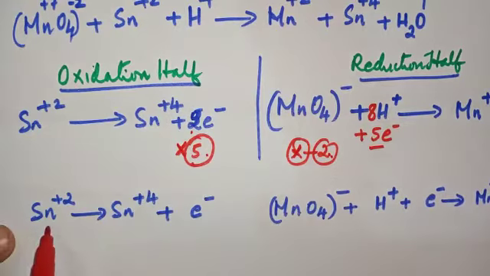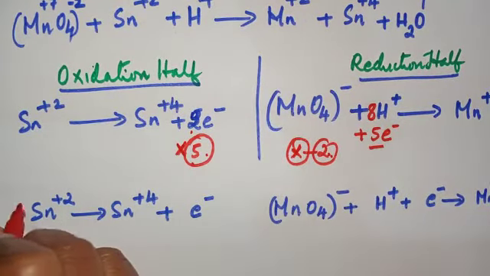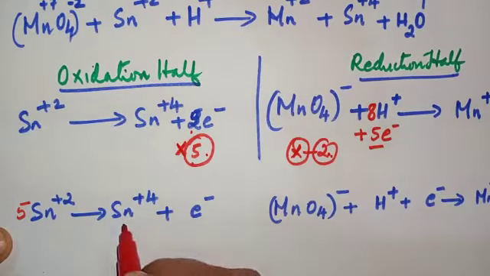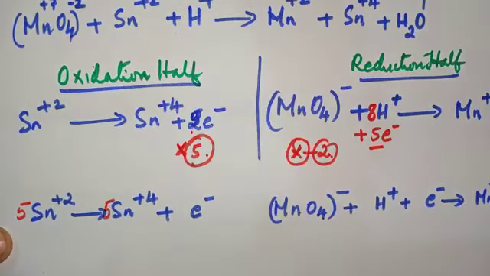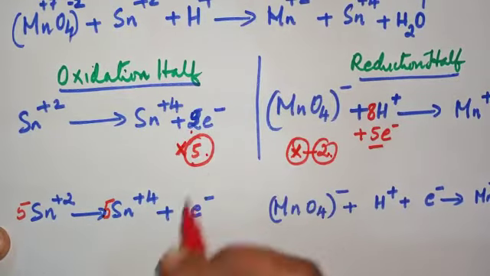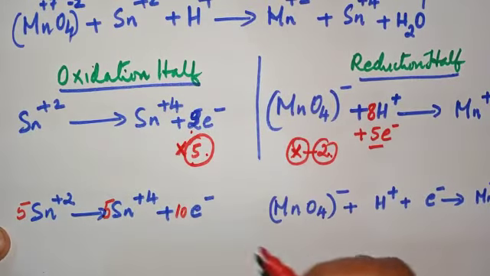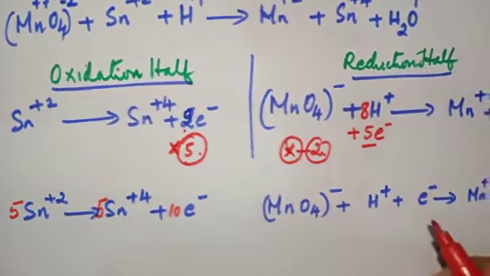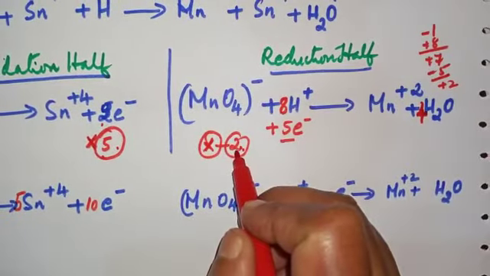Now let us multiply by 5. Here there is only one Sn2+ ion, so multiplying with 5 gives 5 Sn2+. Similarly here also 1, so 5 Sn4+. Here 2 electrons are there, so multiplying by 5 it becomes 10 electrons. Likewise here we multiply by 2.